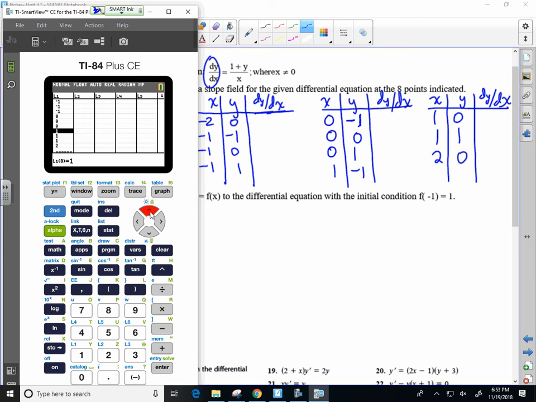All right, so my L1 column is made up of all the x values. If I scroll right onto the L1, you can see the array of values. In my L2 column, I'll put in all my y values, so all the corresponding values of y. So the 0 goes with the -2. That's the way we have it here.